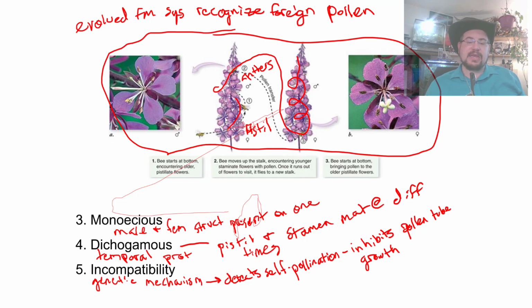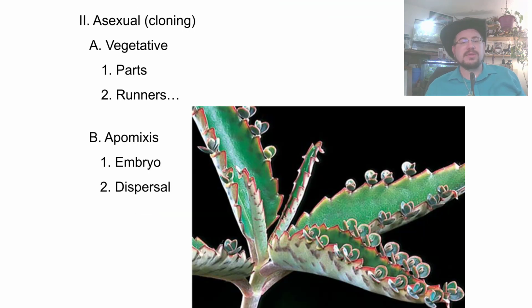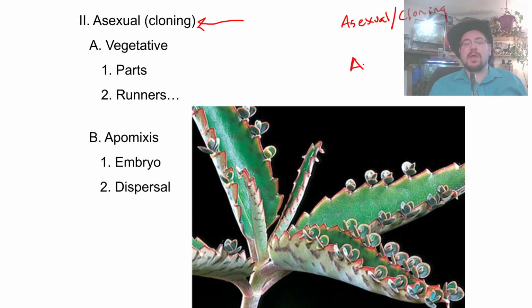Let's see. Let's get on into the less fun part of plant reproduction, and that's asexual plant reproduction, cloning. So we can divide plant reproduction when it comes to sort of self-reproducing into two bits: true asexual cloning reproduction, and what we call apomictic parthenogenesis.